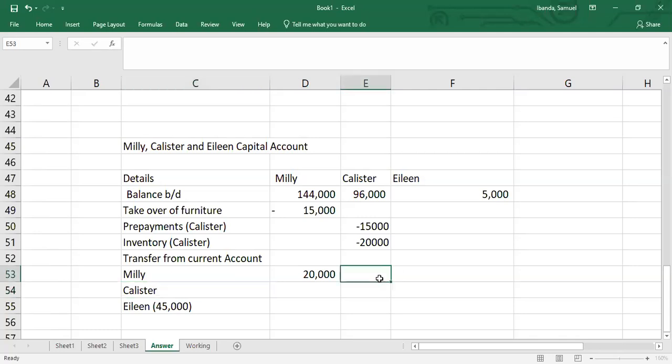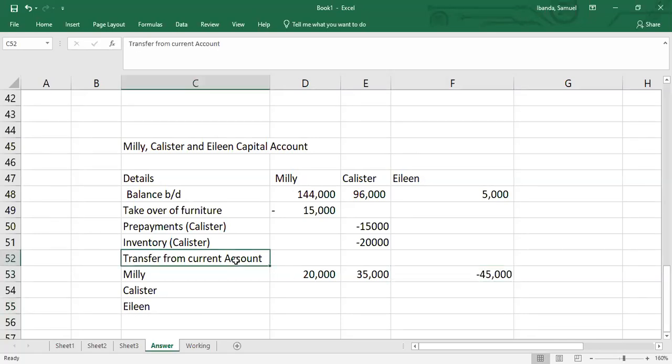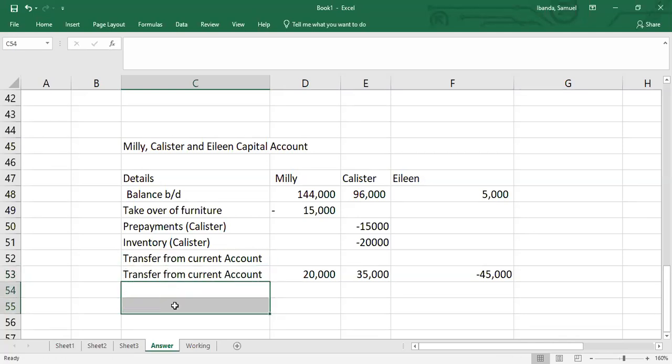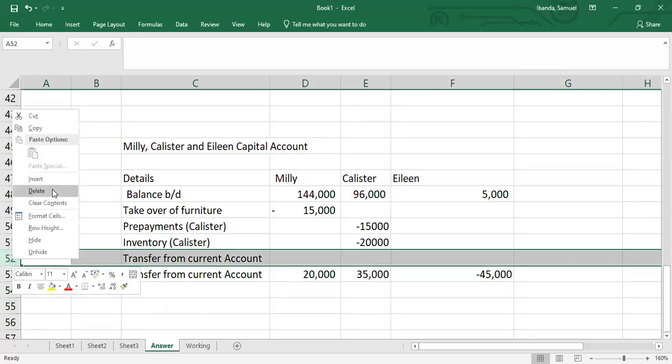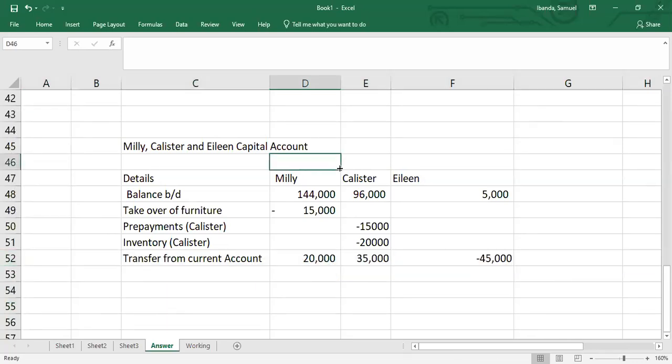And then under Calista, I'll put that. And then under Ellen, I'll put it the way it is as a negative. I just have a single line there, transferred from the current account. I'm not breaking this down. So that is what we are basically doing.